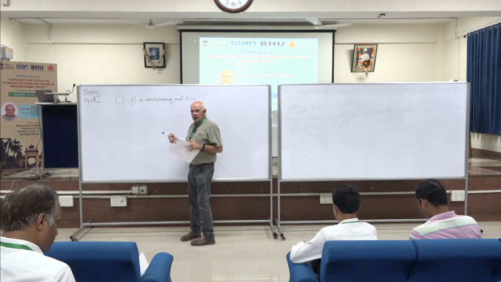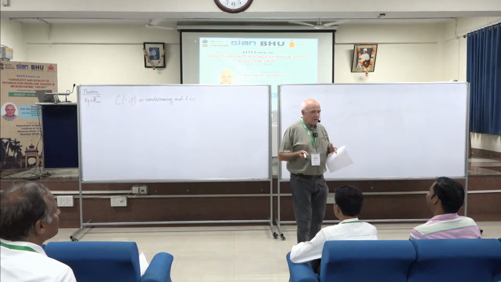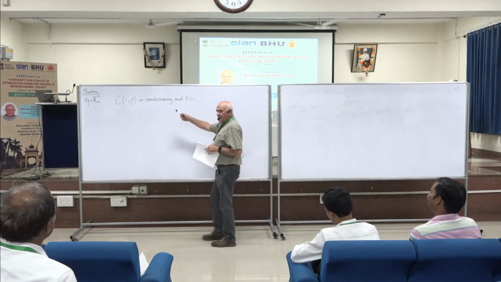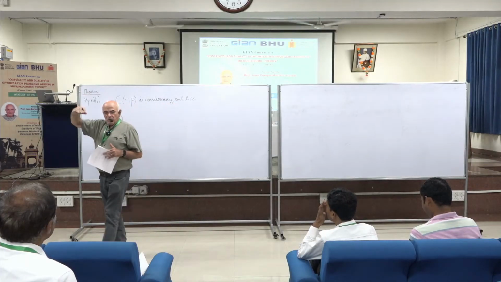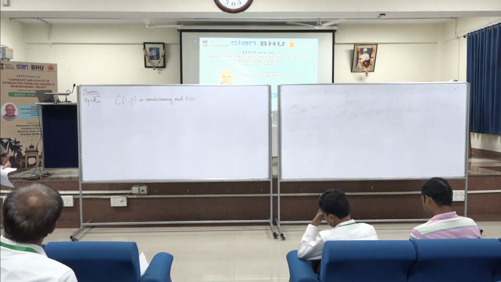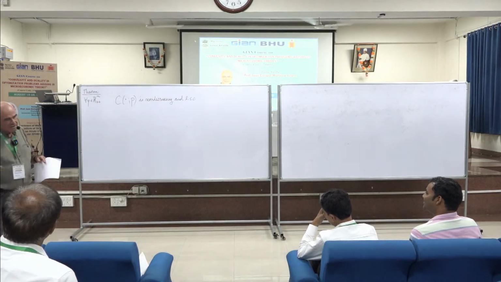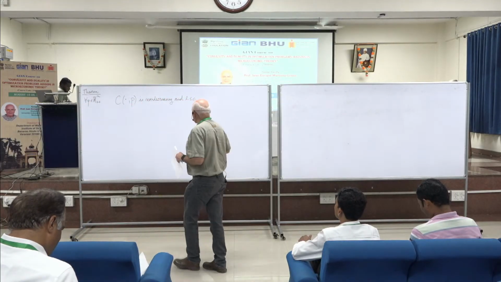You don't need to be a candidate to the Nobel Prize in economics to understand that the cost function is non-decreasing. If you want to have a higher output, then you need to spend more money. I mean, this is okay. Then, but what about lower semi-continuity?